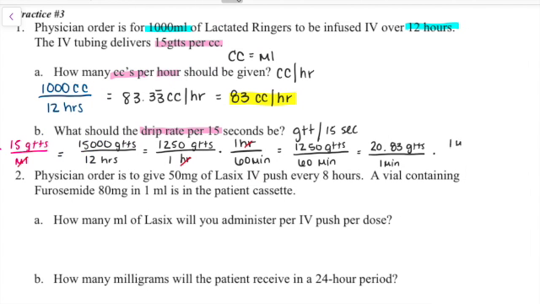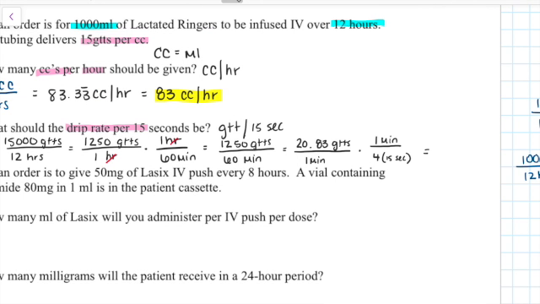So we're going to do 1 minute, and there are 4 15-second increments in a minute. So we're going to put 4 and then just put 15 seconds. 20.83 drops over 4 15 seconds.